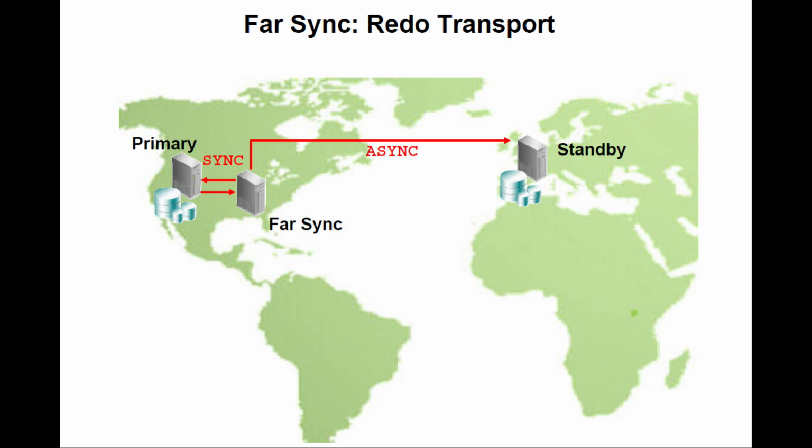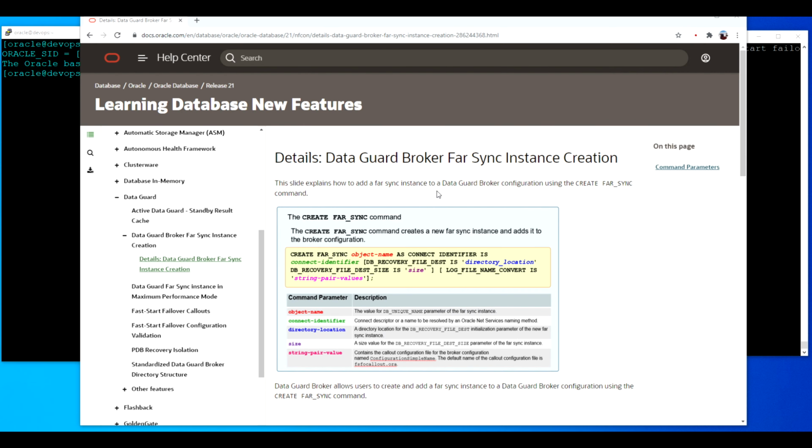So let's go through the lab session. First we are going to see the Oracle documentation. Here you see release 21, and under database new features there is FarSync. Here is a new option that with Data Guard broker we can create a FarSync easily.